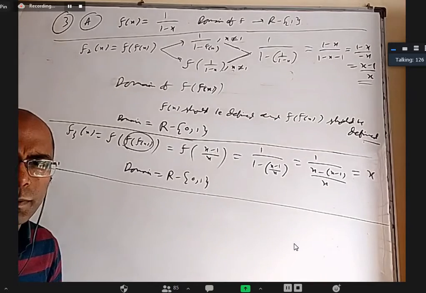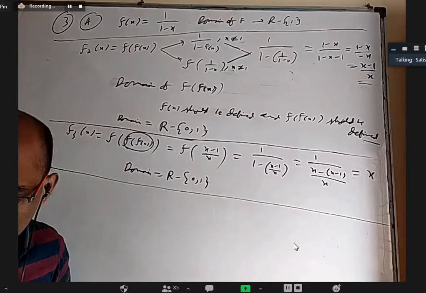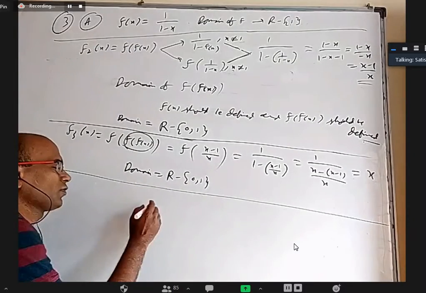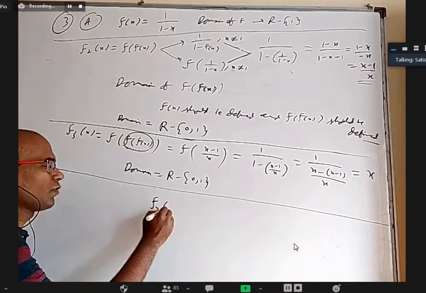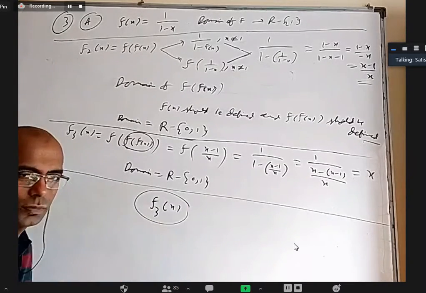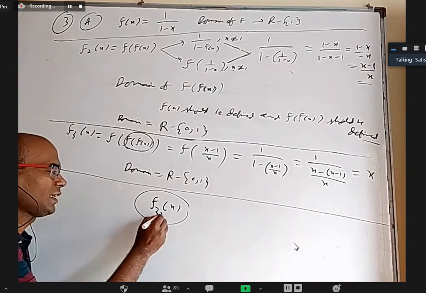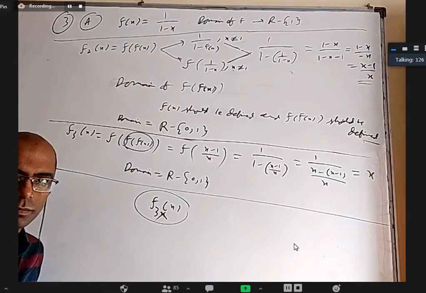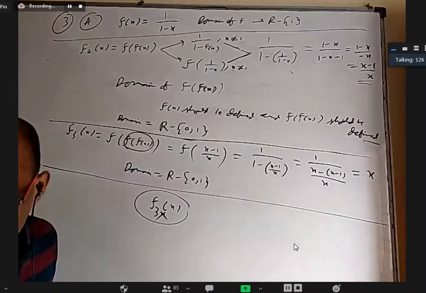Sir, you substituted for f of 1, f of 2 and f of 3. No, the question they asked is the domain of f3 of x, that is, where it is not defined. It is not 3n, this n is printed wrong. I thought that n times we should substitute and get back the original expression.